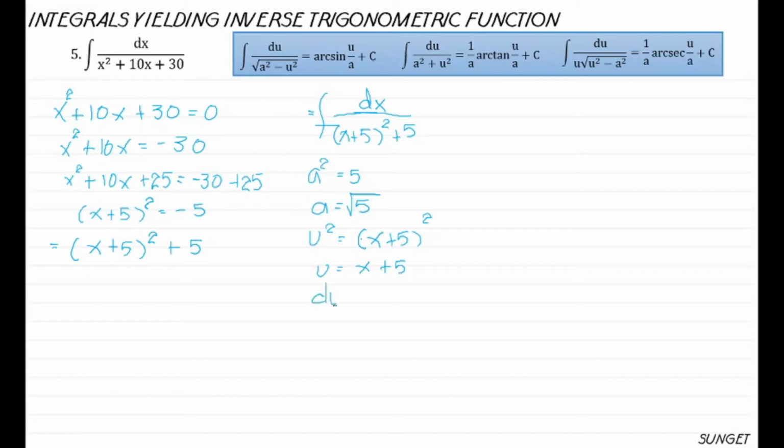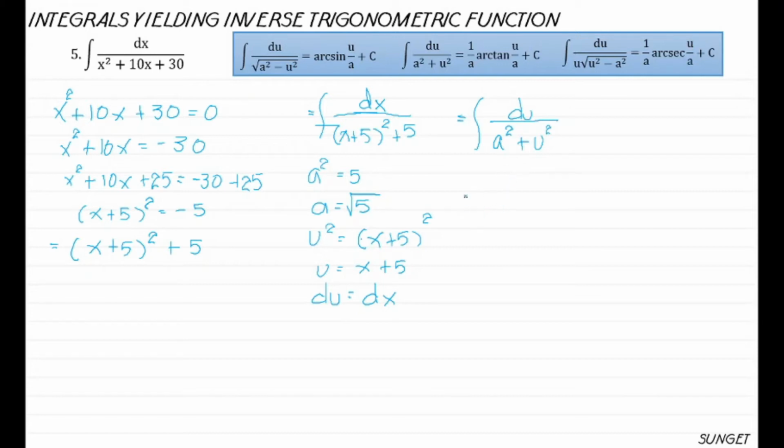Differentiate, we have du is equal to dx. And substitute, so we have the integral of du over a squared, that is 5, plus u squared, that is (x plus 5) squared. Then we have the integral of du over a squared plus u squared.